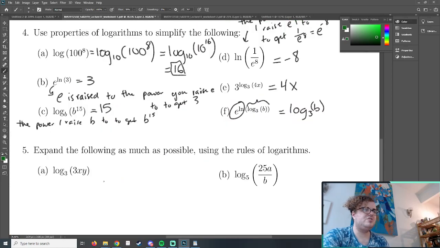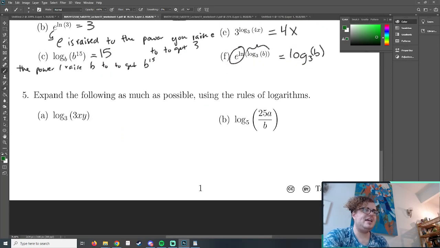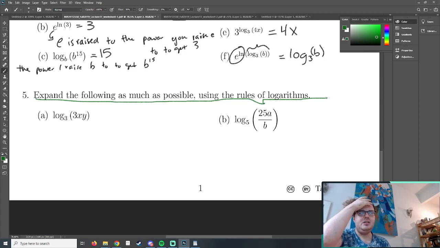But going back to try applying them, when they say expand the following as much as possible using the rules of logarithms, sometimes, yeah, again, the laws of logs are the rules of logs. Expand just means write this as the longest possible, like the most different logarithms that you can.